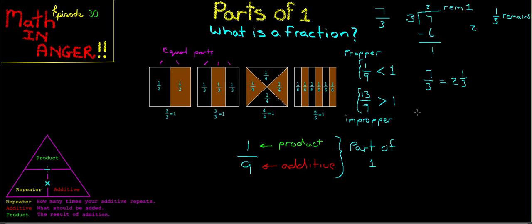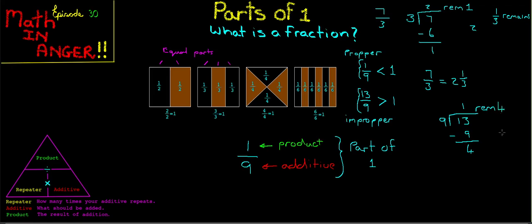And let's go do the division. Let's actually work this out. If you've got 9, how many times can you add 9 to itself before you get something greater than 13? Well, only once. Sorry, only once. That gives you 9. And 4 remains.